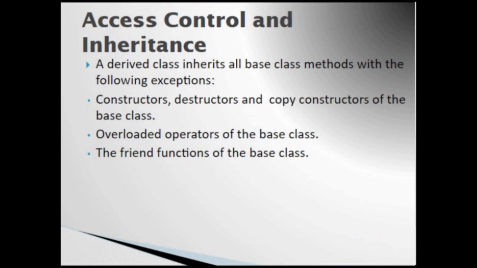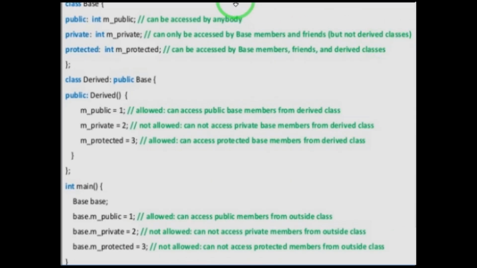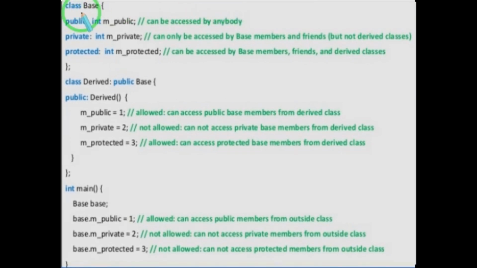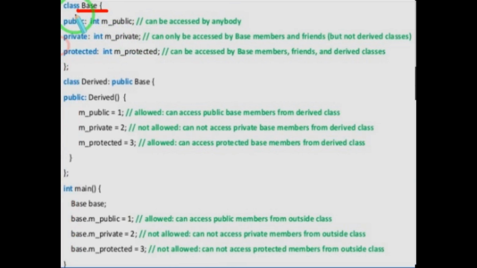Now see here, the base class having a public data variable, a private data variable and a protected data variable. Suppose, let's take an example: m_public is a public data variable of the base class, m_private is a private data variable of your base class, m_protected is a protected data variable of your base class.